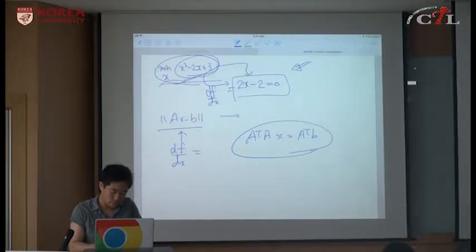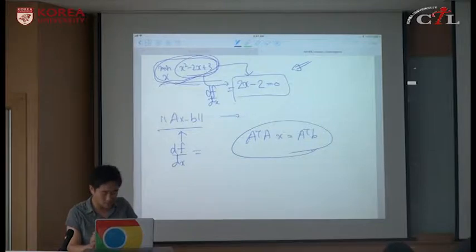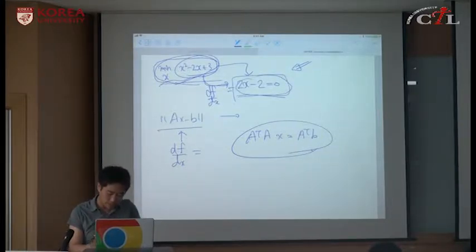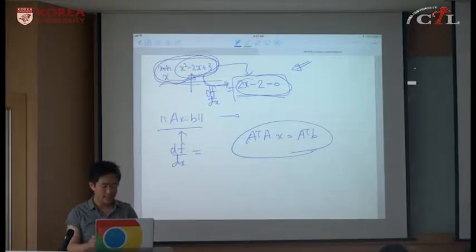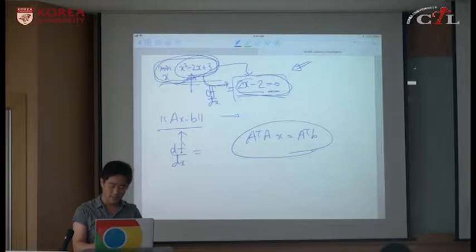The solution for this equation is obtained by just taking the derivative of our function to minimize and setting it to 0. Then the solution for this equation will satisfy this minimization problem.